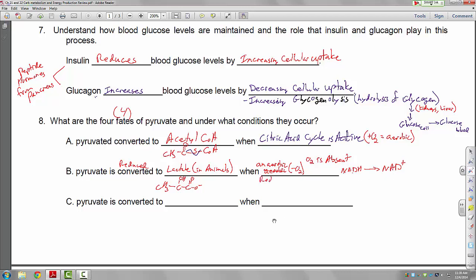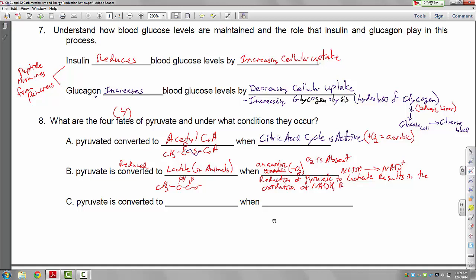So reduction of pyruvate to lactate results in the oxidation of NADH.